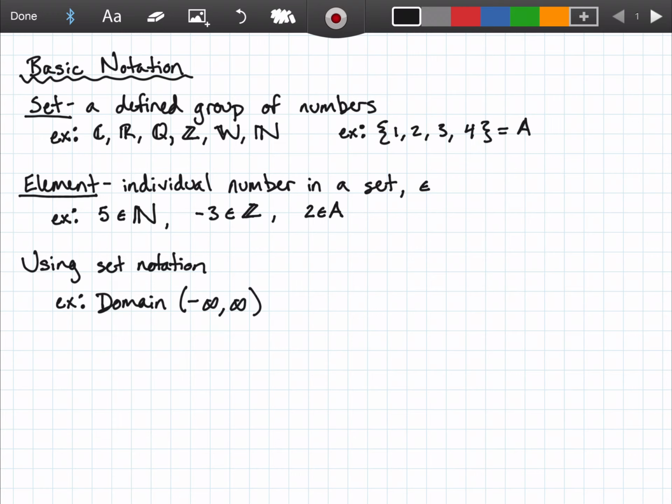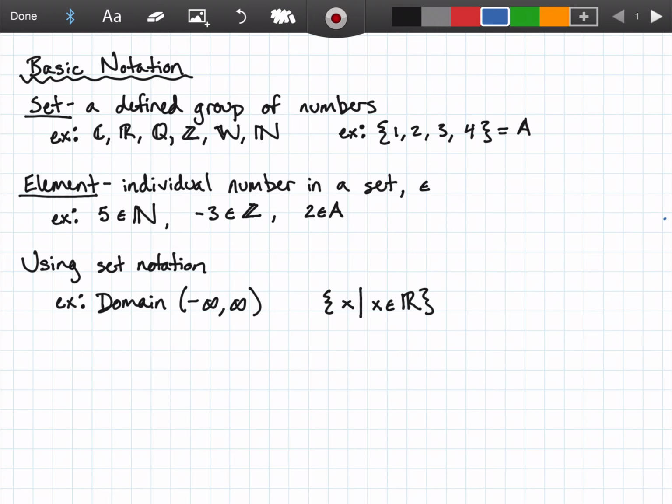I'm going to rewrite this using set notation. Domain is an x variable, so here's what I can say for the domain. I use my squiggly brackets, and I say, okay, well, my variable is x. I'm going to put this line up and down, which means such that x is an element. Well, -infinity to +infinity, remember, we are just dealing with only the real numbers. So that is what you can see for domain.